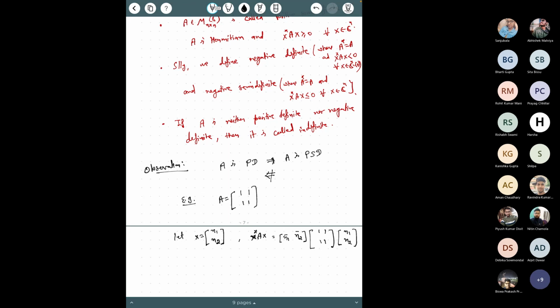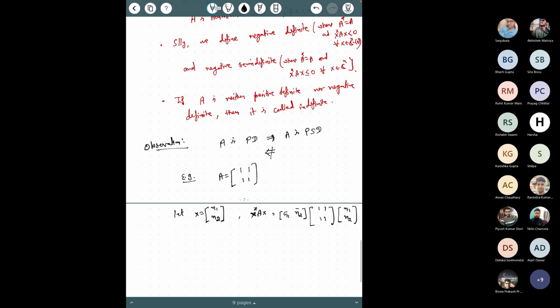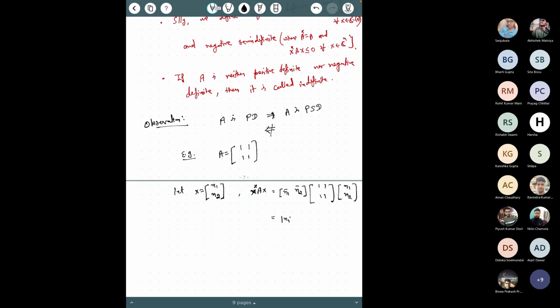All right. Now you multiply this. So what is the right hand side here? We have mod x1 square plus x2 bar x1 plus x1 bar x2 plus mod x2 square. So this is mod x1 square plus 2 times the real part of x1 bar x2 plus mod x2 square.